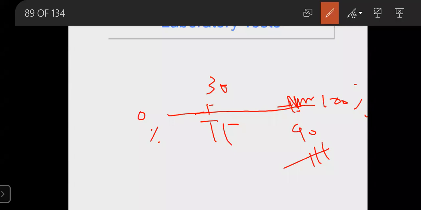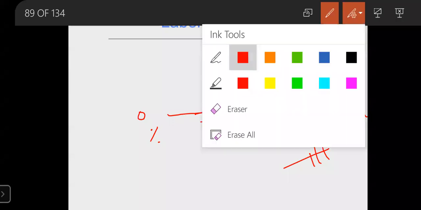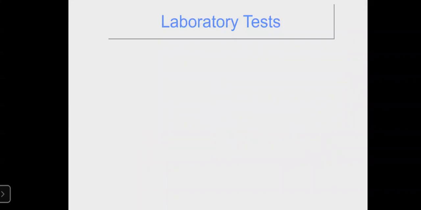You see? So we have to be careful while choosing which investigations we are going to do and which investigations we are not going to do.